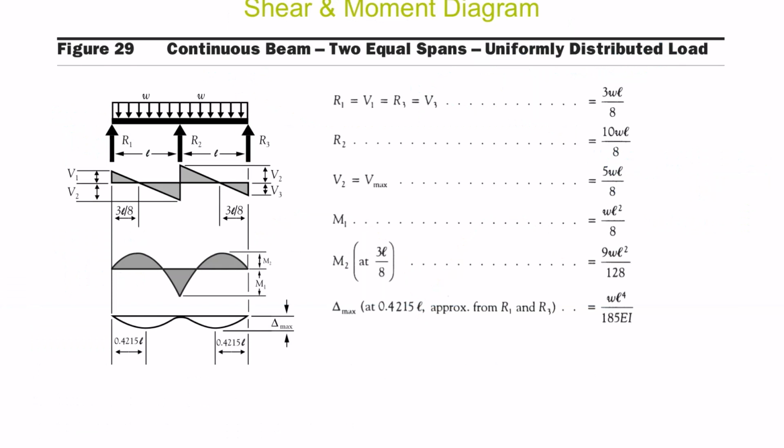Okay. So now let's calculate moment. For moment, we have this value over here and over here equal to M2, and M2 will equal 9WL squared divided by 128.